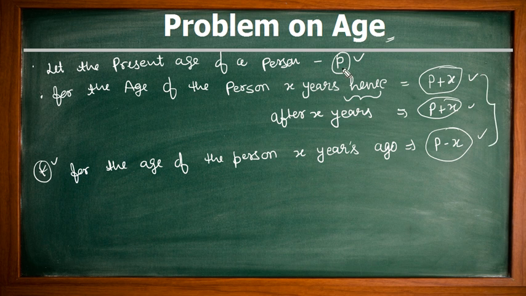Suppose the present age of a person is P, the age of the person after X years will be P plus X, and X years hence will also be P plus X. And for the age of the person X years ago, it will be P minus X. Basically these are the basic concepts of ages.